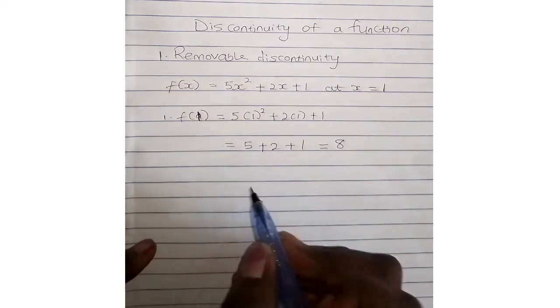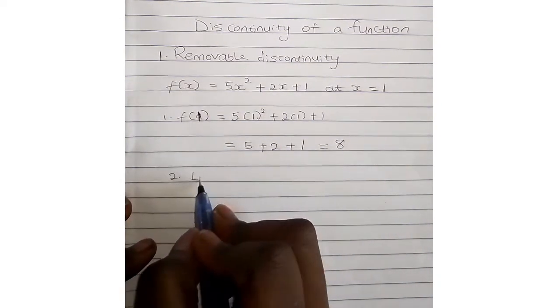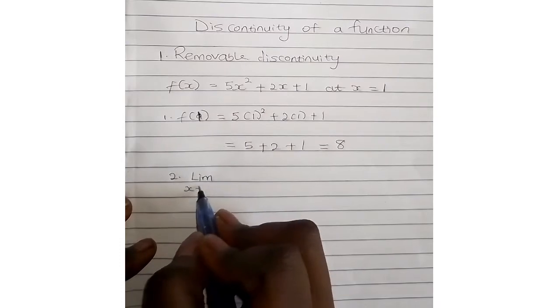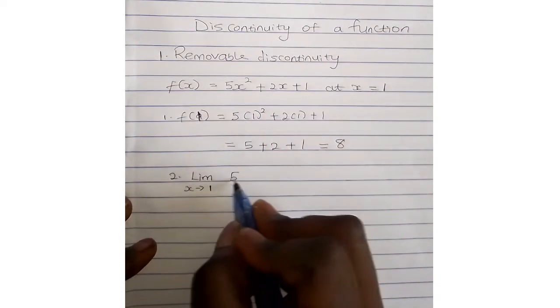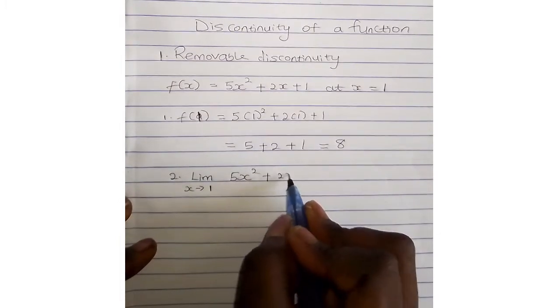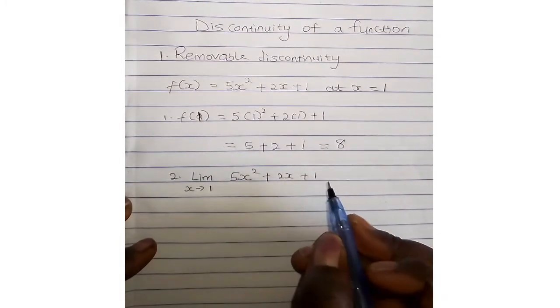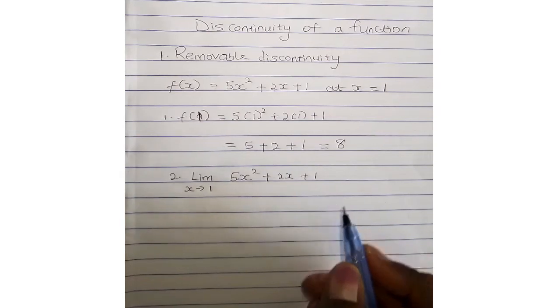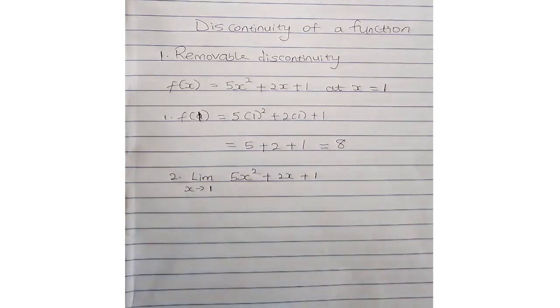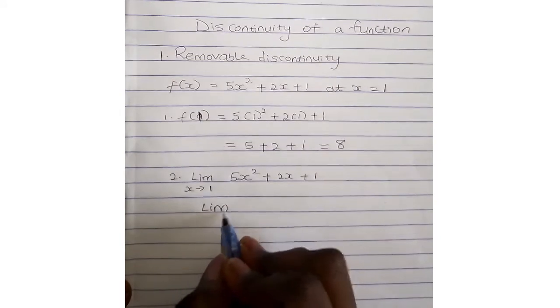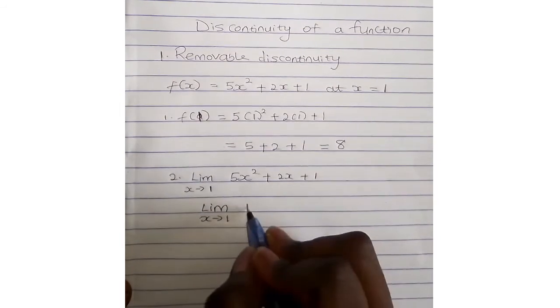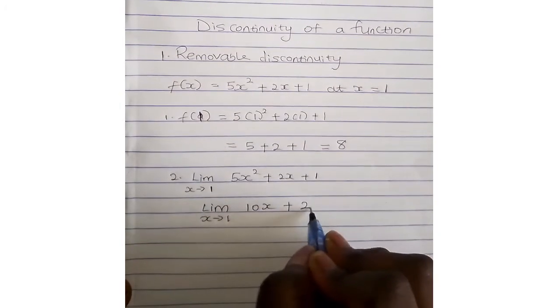Now we're going to go into the second condition, which says the limit as x approaches 1, because our a is 1, of this function. So we're going to use L'Hospital's rule to look for the limit of this function, which is by differentiating. Differentiating this, we are going to have the limit as x approaches 1 of 10x plus 2.